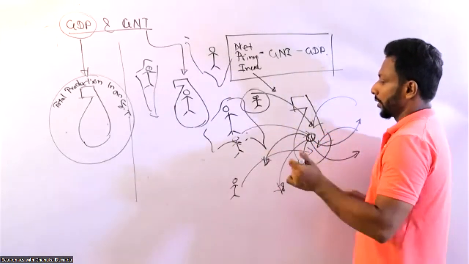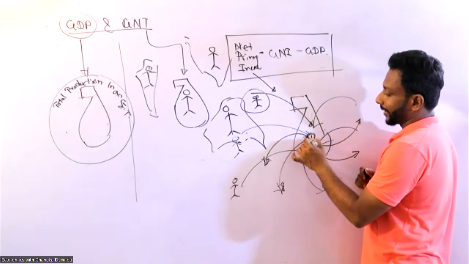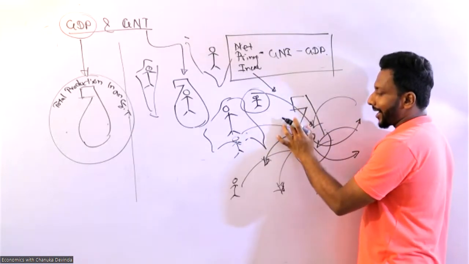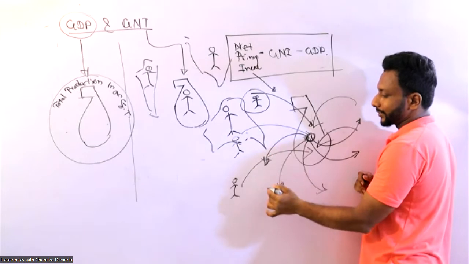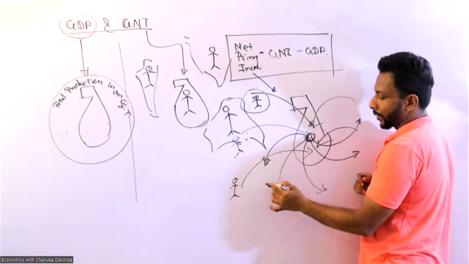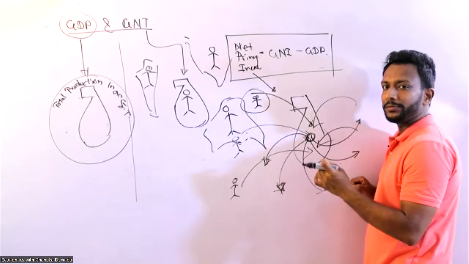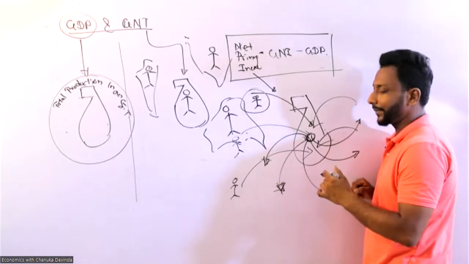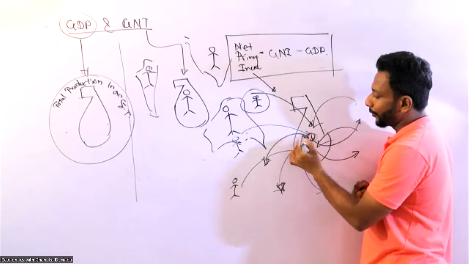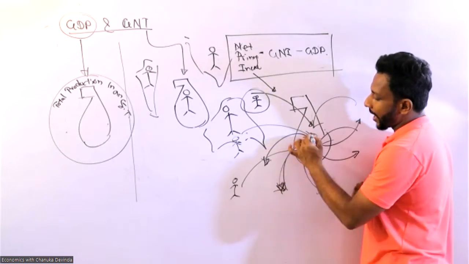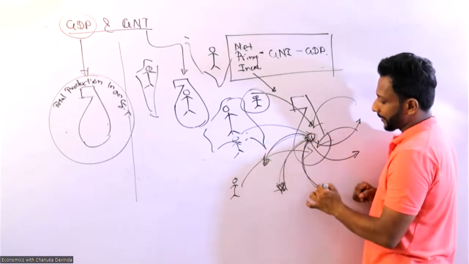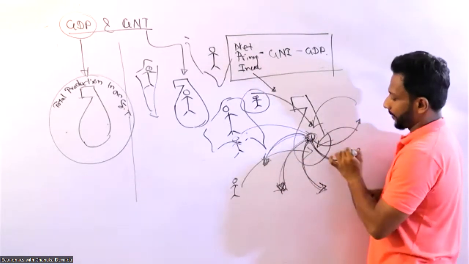So Sri Lanka has produced using non-residents' resources. So it does not belong to gross national income in Sri Lanka, and we have to pay their primary income.